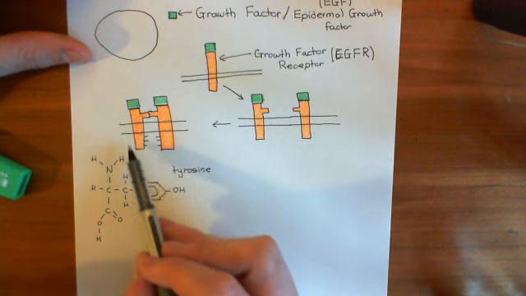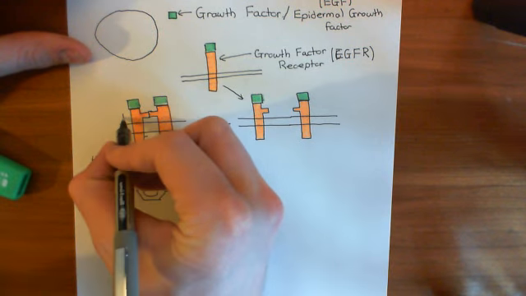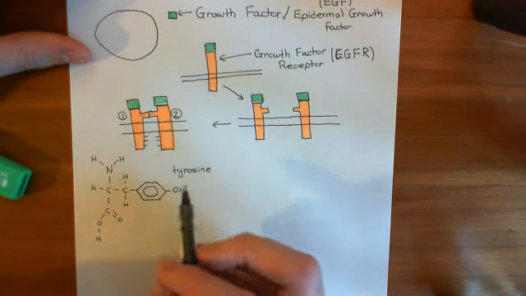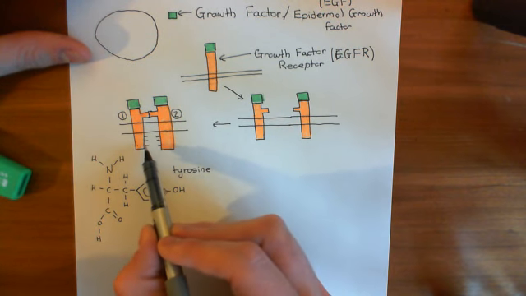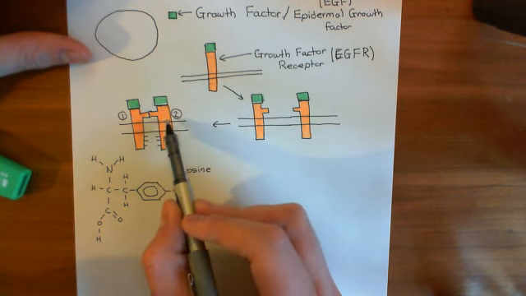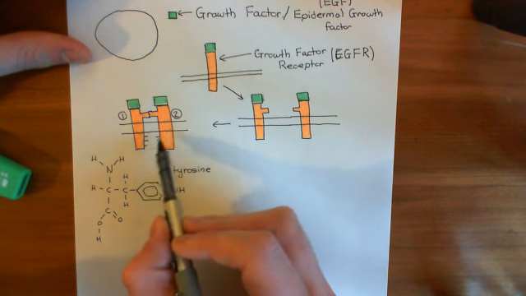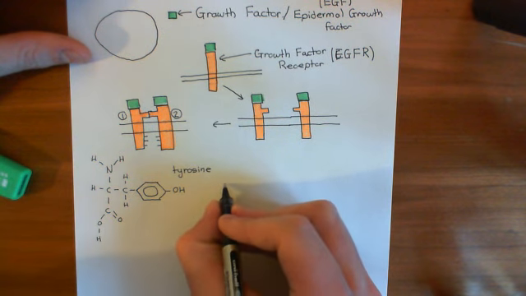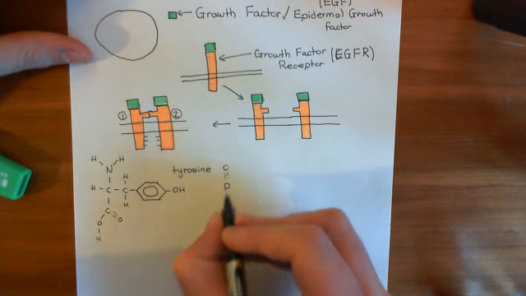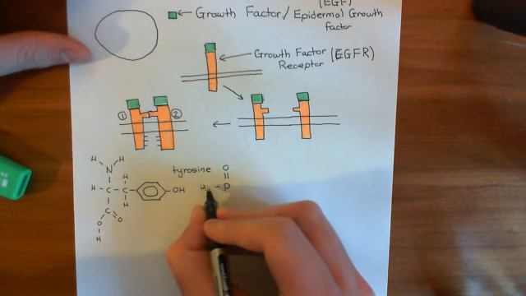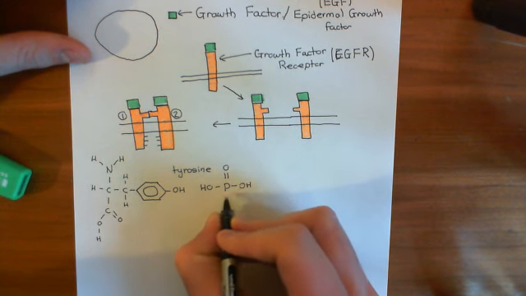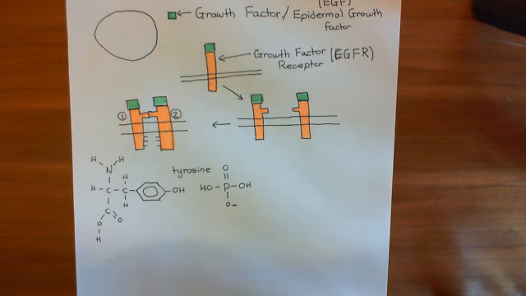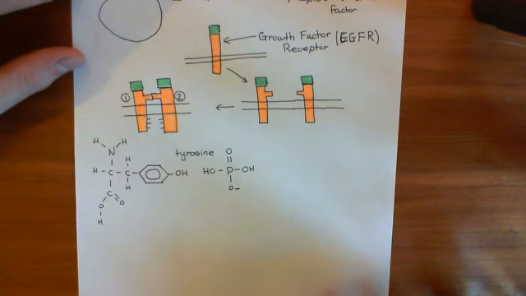So let's call this growth factor receptor 1 and this growth factor receptor 2, and they have dimerized together, okay? Growth factor receptor 1 has these tyrosine residues down here, and growth factor receptor 2 is going to now, once they've dimerized together, phosphorylate those tyrosine residues. It's going to add a phosphate group, which has this structure here. It's a phosphorus atom doubly bonded to oxygen with two hydroxyl groups off the phosphorus atom, and then singly bonded to an oxygen that's acquired an electron from somewhere else and has a negative charge, therefore.